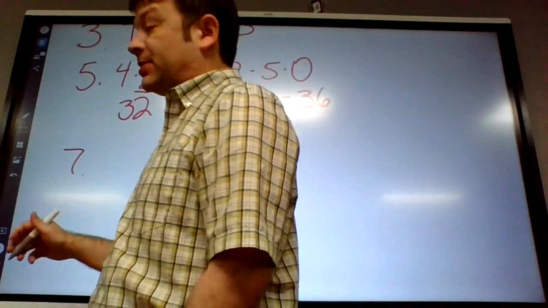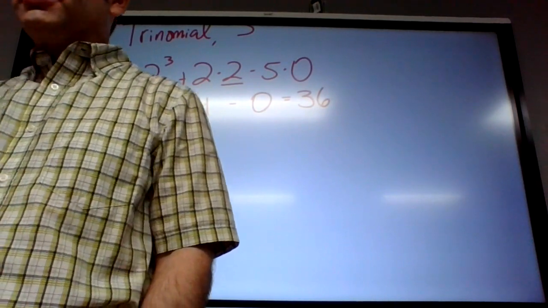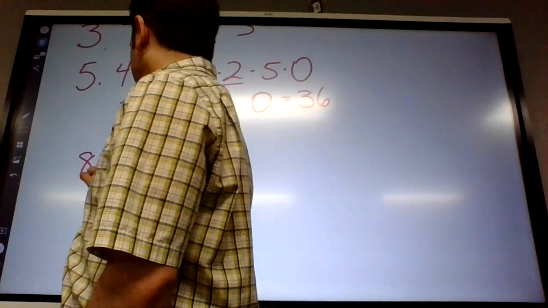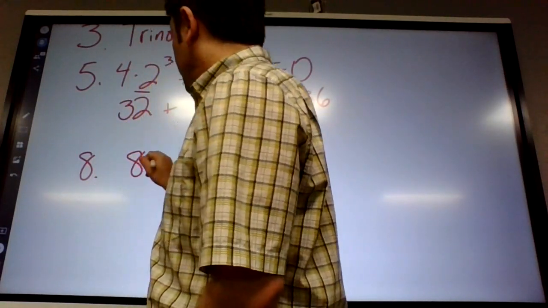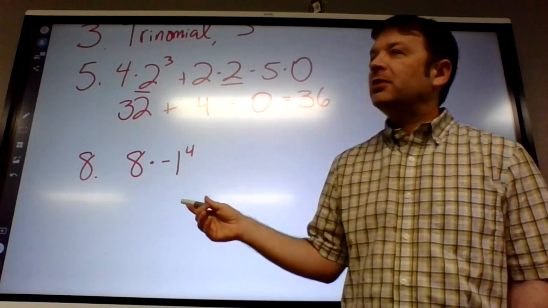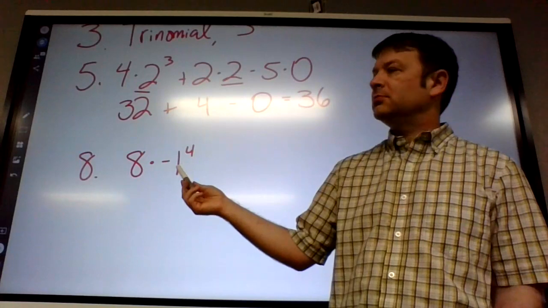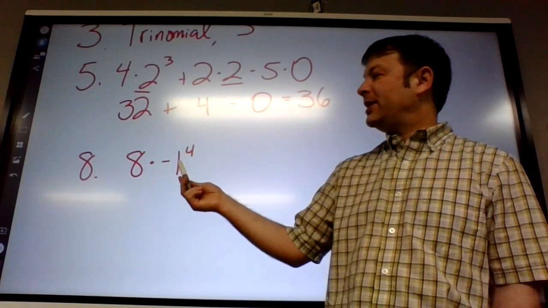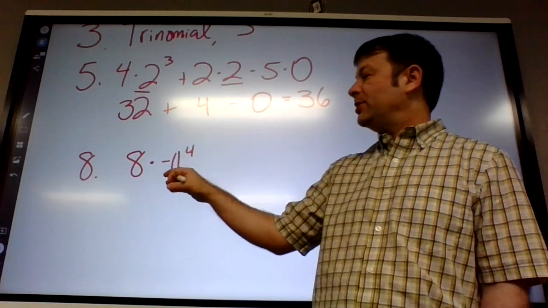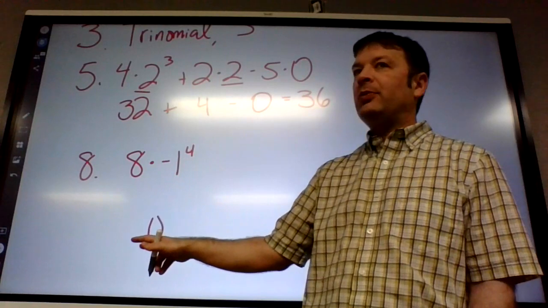Number 6 starts out as 8y to the 4th, but y is negative 1. Why, if you plug this in your calculator, would you get it wrong? Because you have to take negative 1 to the 4th. Order of operations would only do 1 to the 4th, and then add on a negative, which is not what we want.